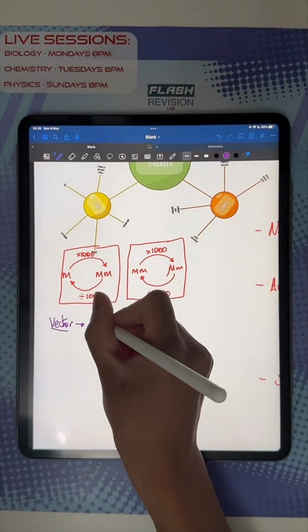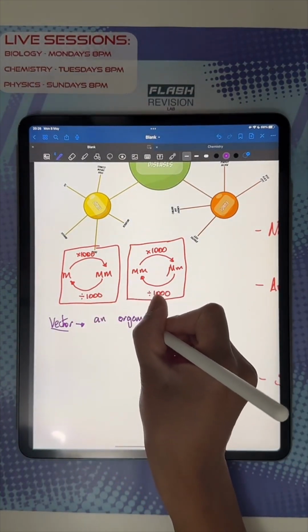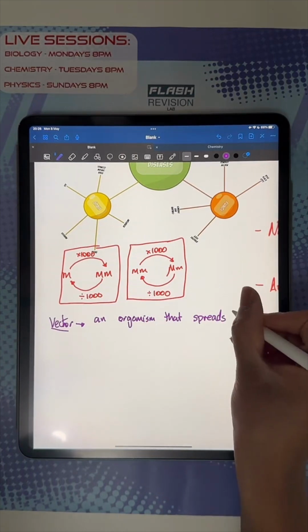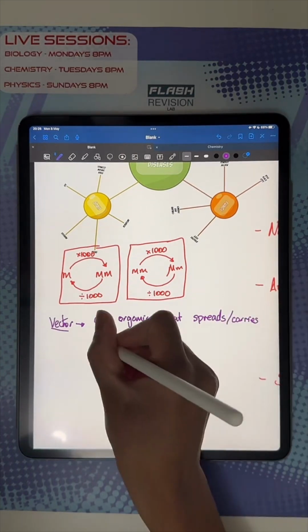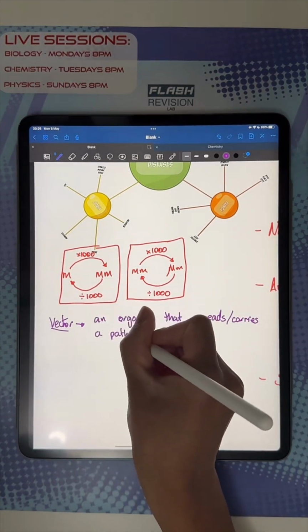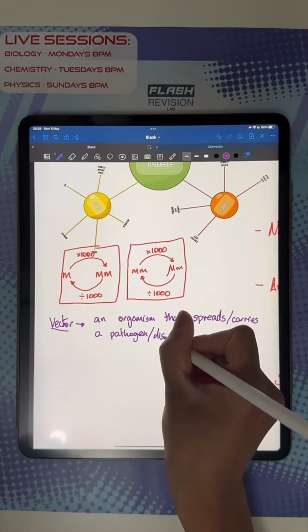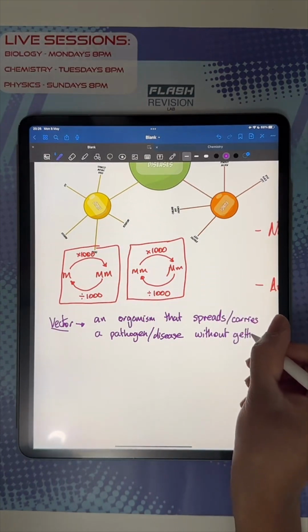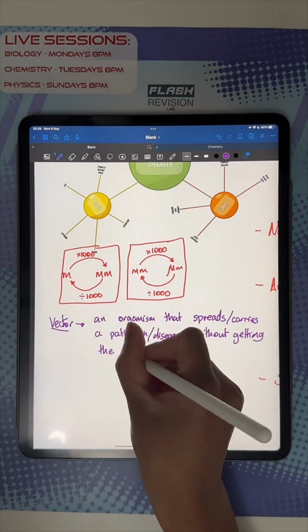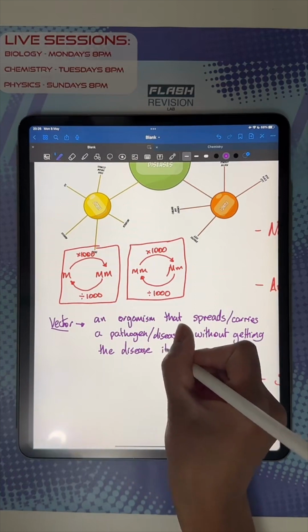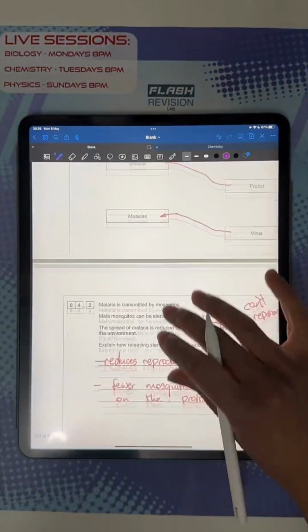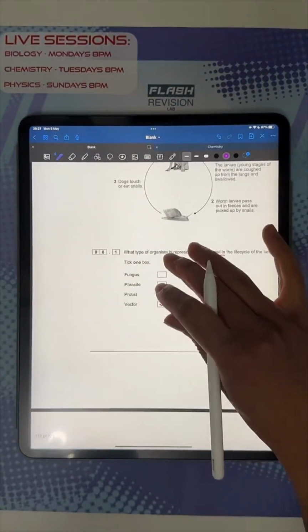So a vector is an organism that spreads and carries a pathogen/disease without getting the disease itself. Okay, hope that made sense. So yeah, that's why it's a vector.